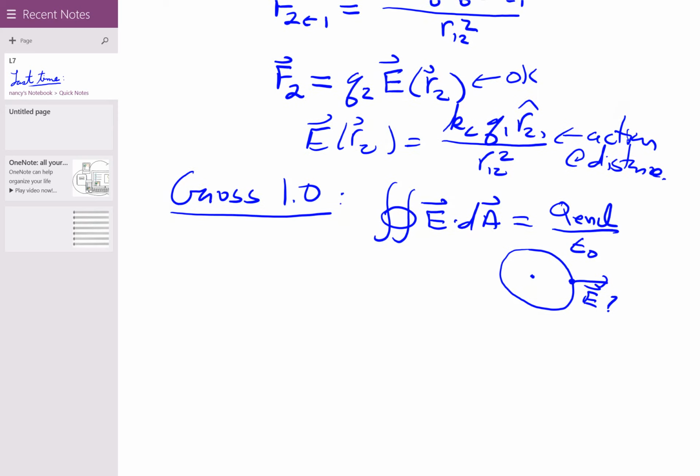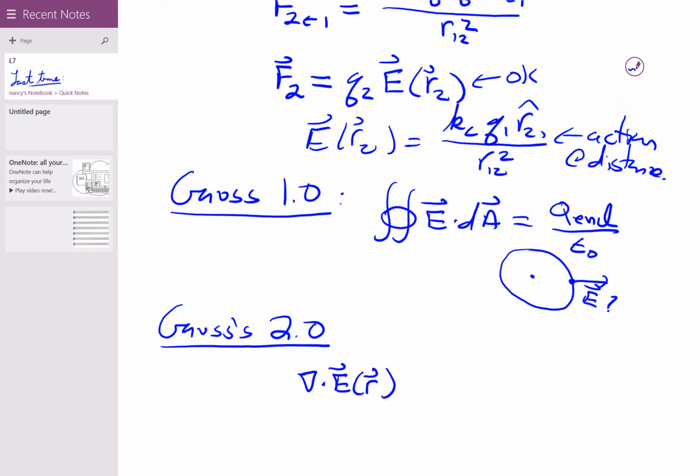The beauty, though, is this differential form, Gauss's law 2.0. If you look at the mathematical structure of this, we're saying the divergence of the electric field, the derivative of the electric field at a given location, is just the charge density at that location divided by epsilon naught.